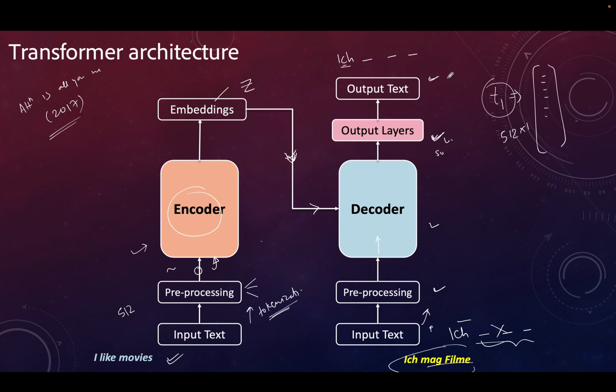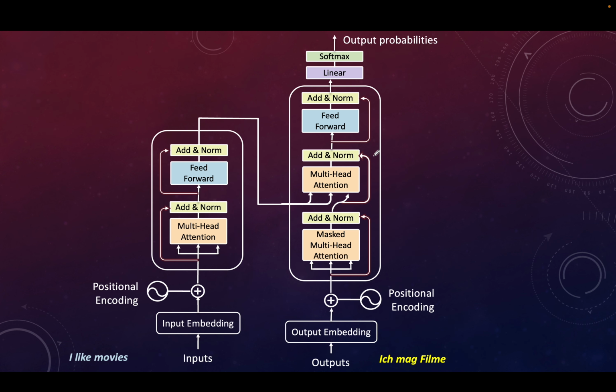So this is a very high level view of the transformer architecture. Let's dive deeper into it. Here this is the encoder part, and this you can see is the decoder part. Again tokenization happens, then embeddings for each token ID are calculated, and then we have something called positional encoding.